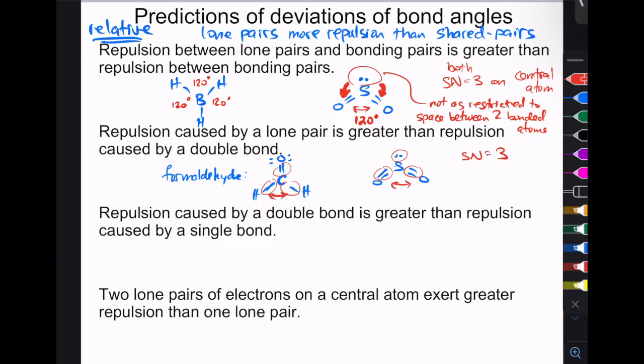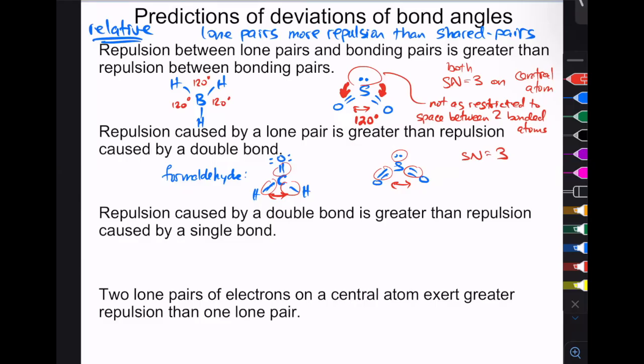Now, what we have is, what's the stronger repulsive influence coming from the lone pair here on the sulfur dioxide versus the double bond on the formaldehyde? What this is telling you is that if you're just comparing that relative, because that lone pair can breathe more, right?